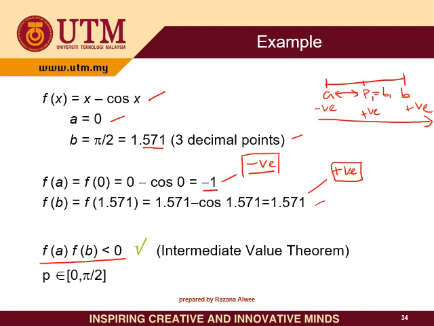Calculate first the function at a and b, and then you see whether it's negative or positive. Because this is negative and this is positive, we will satisfy the intermediate value theorem because we will have the product less than 0. So we have a root between 0 and pi over 2.